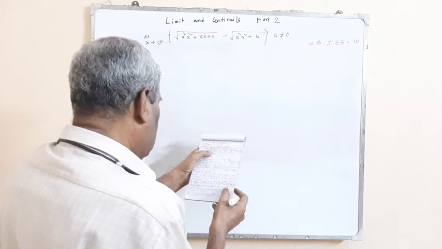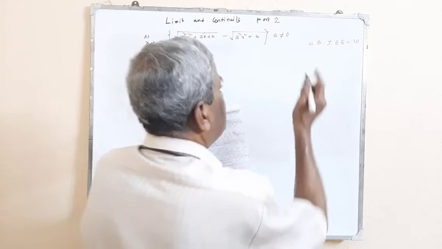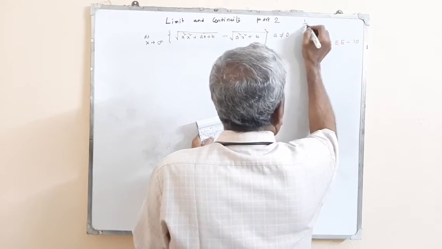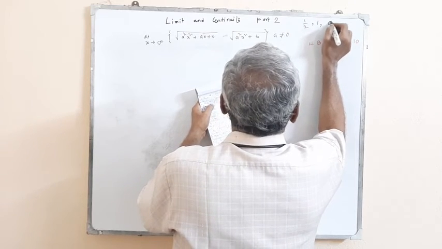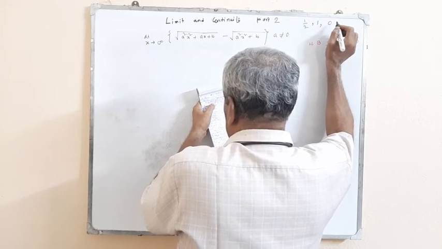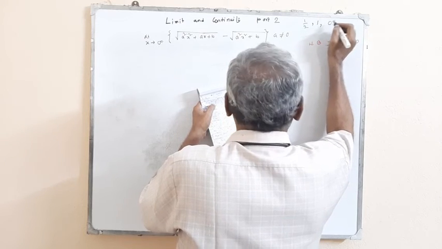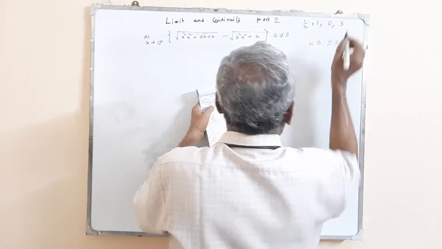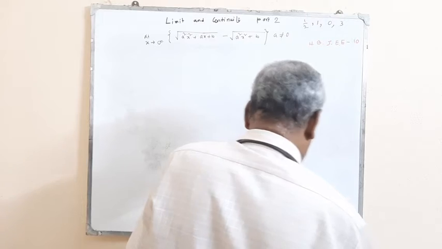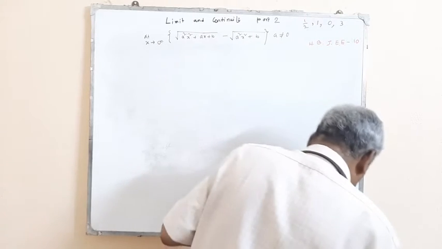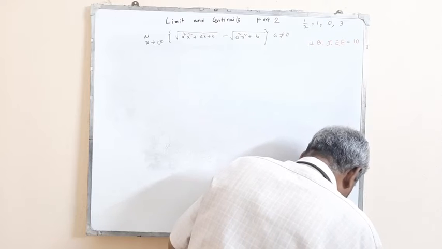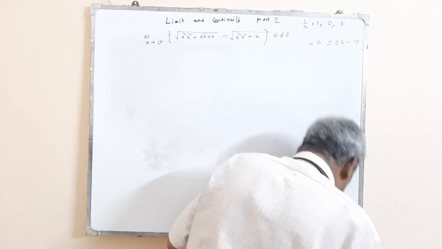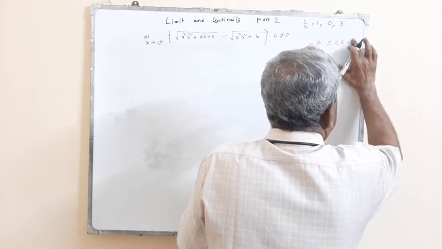What is the limiting value of that? Options: half, 1, 0 and 3. And that problem was given in the year 2007.